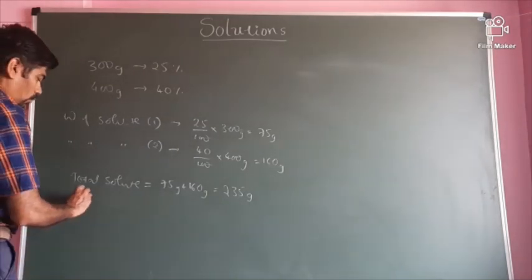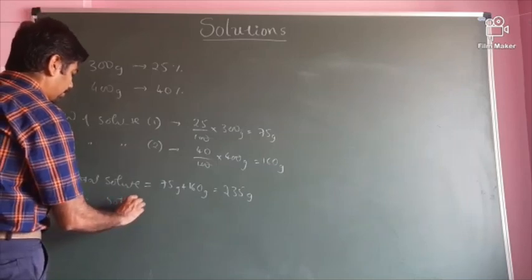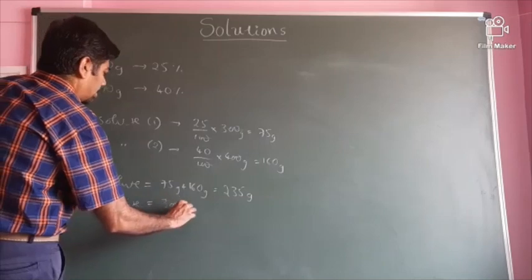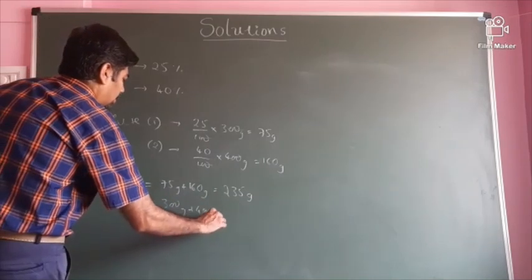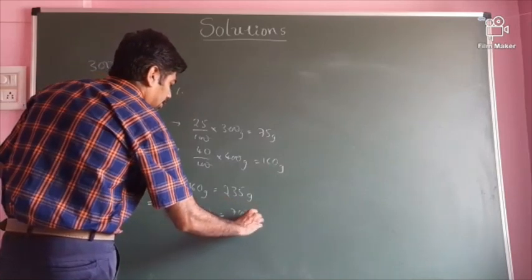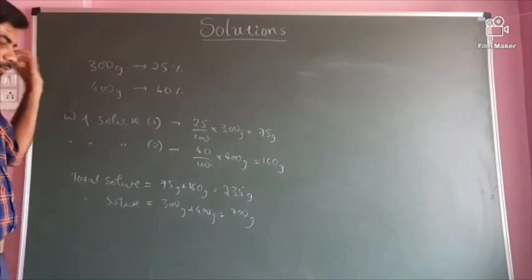Now the total solution weighs 300 grams plus 400 grams. That makes it 700 grams, because you are taking two different solutions of weights 300 grams and 400 grams.